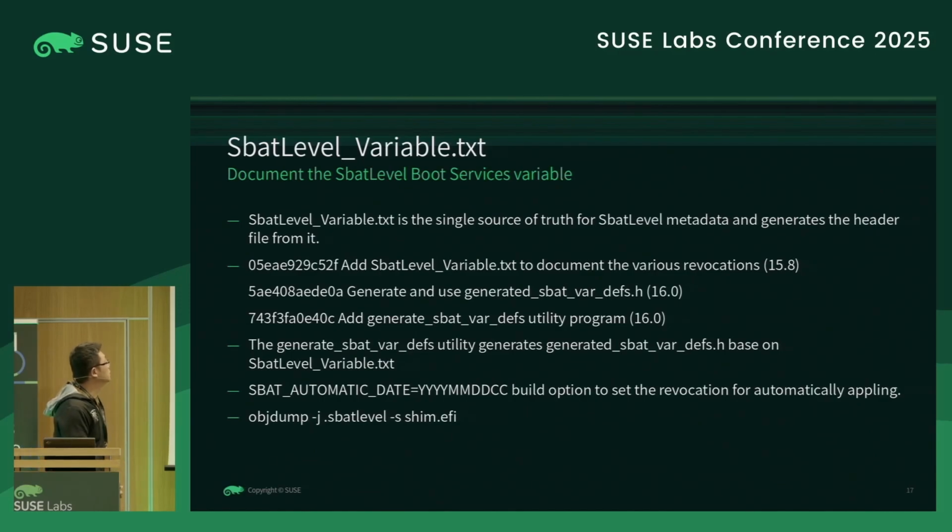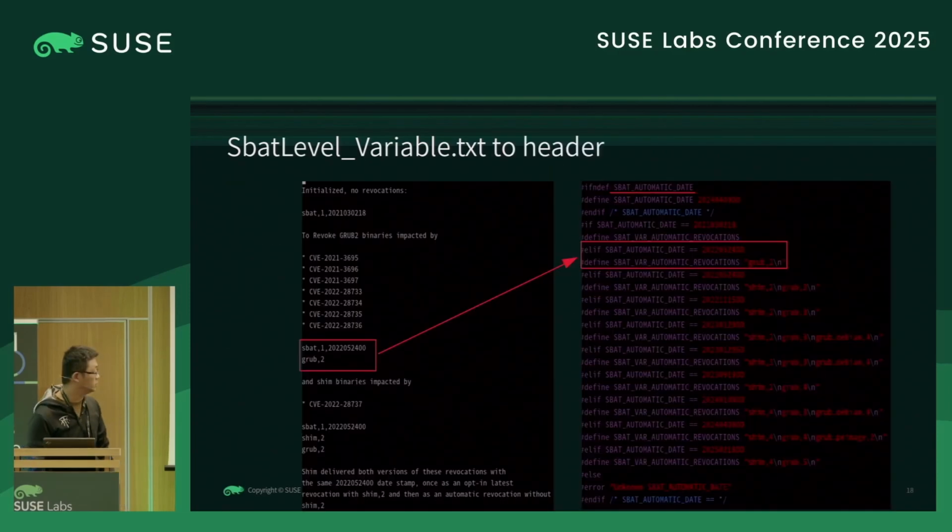Okay, another feature, I think this is more easy. We just say the SBAT level, those SBAT strings, are built in the Shim binary, and when building we can choose different dates. But originally we used one header file to comment those information.